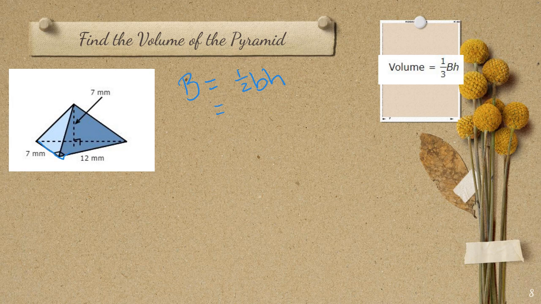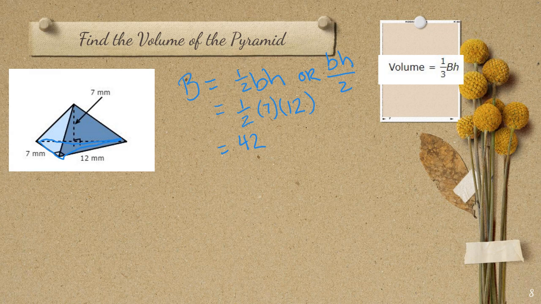So my 1/2 times my base would be 7, and my height would be 12. So 1/2 of 7 times 12. And what does that equal whenever you divide it out? Or the other way that I've been telling you guys, it's base times height divided by 2. Either one of those could work. So you could do 7 times 12 divided by 2 as well. When you do that, you should get 42.